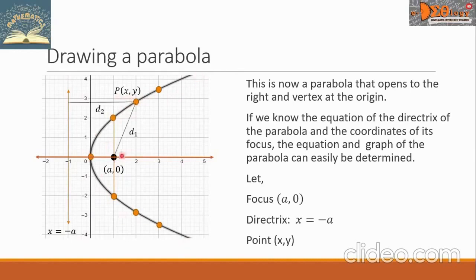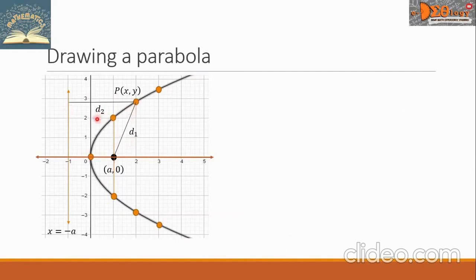And then we find the distance of this moving point to the focus, and we denote this as d sub 1, while the distance from this moving point to the line is d sub 2. By definition of a parabola, we know that d sub 1 must be equal to d sub 2.